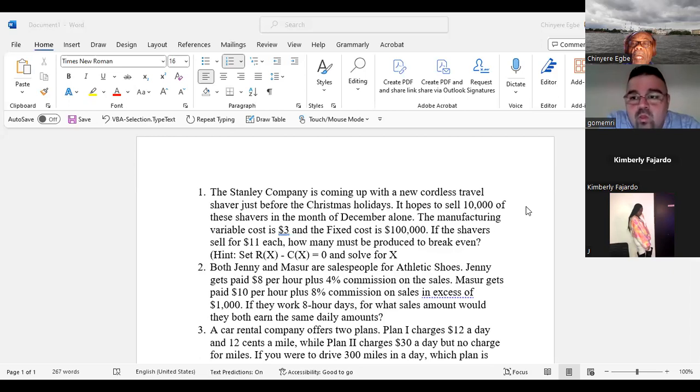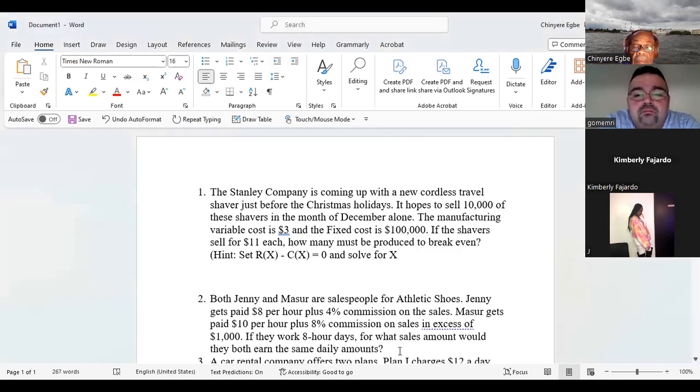Okay, the problem that you see there comes directly from the homework. We can see some very practical problems. And when you say a practical problem, you are saying to yourself, these are things that happen every day, and decisions that we make every now and then. So I'll use the first example and even the second example.